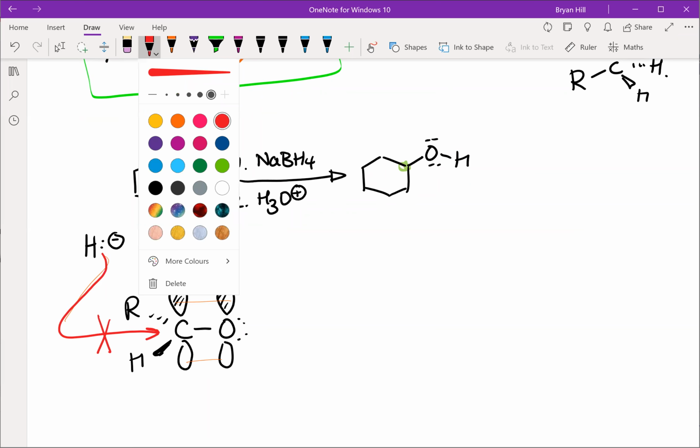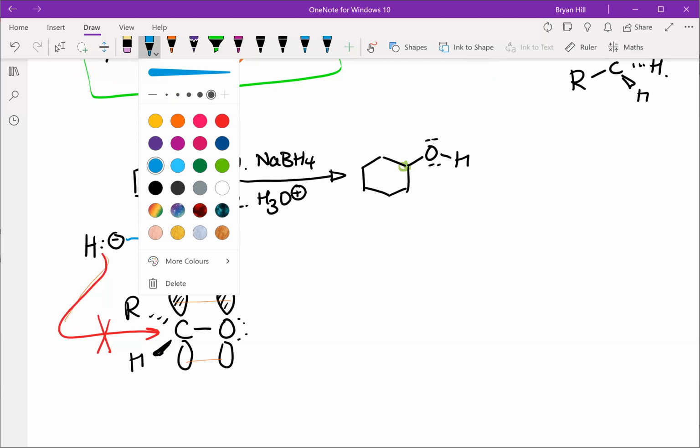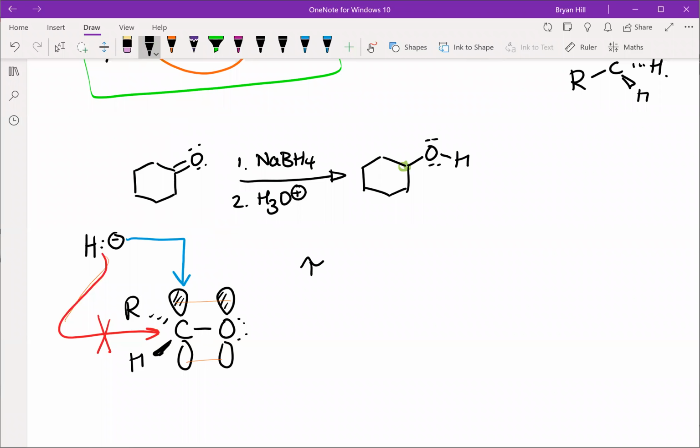Technically, remember, if we're breaking a pi bond, the way that it attacks, it has to attack the pi star orbital. So remember when we're doing an SN2 reaction and you had your leaving group, the sigma star orbital was on the opposite side of this bond.